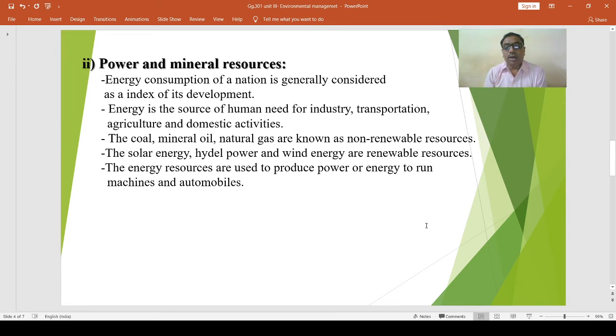All the life on the earth ultimately derives its energy requirement from the sun. The nuclear fusion reaction occurring inside the sun releases enormous quantities of energy in the form of heat and light.